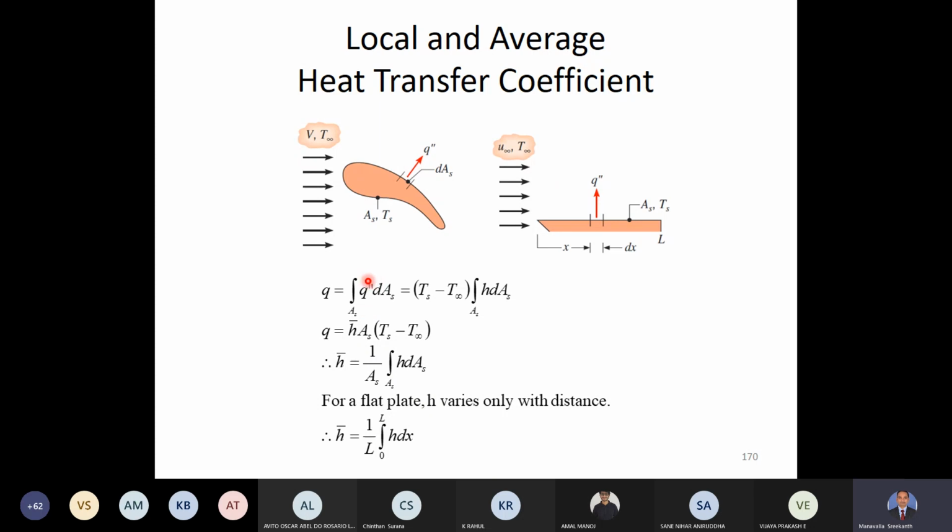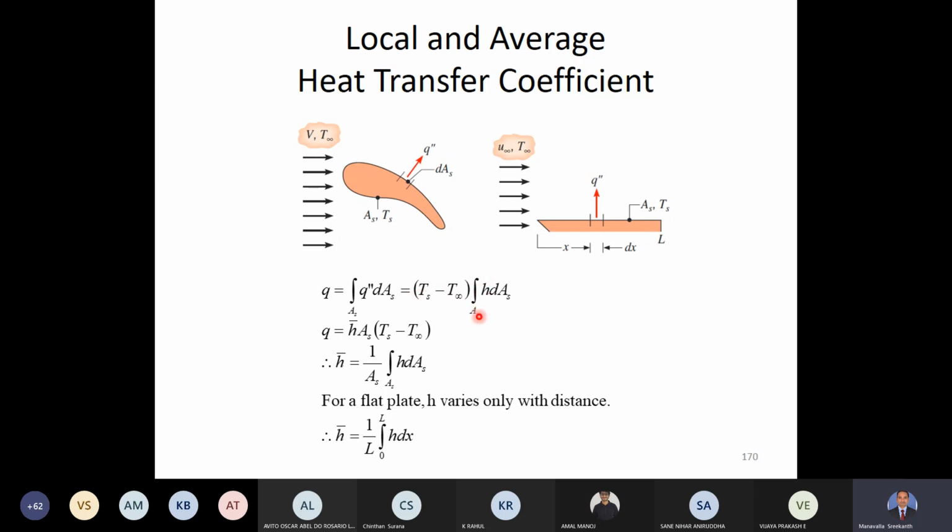Now, q double prime can be written as h, the heat transfer coefficient, multiplied by the difference of the surface temperature and the fluid temperature. So T_s minus T infinity multiplied by h is nothing but q double prime. Now, if the surface temperature and the fluid temperature are kept constant, T_s minus T infinity becomes a constant and can come out of the integral.